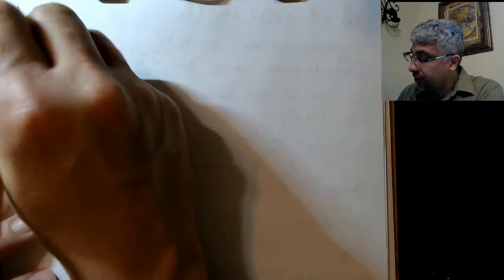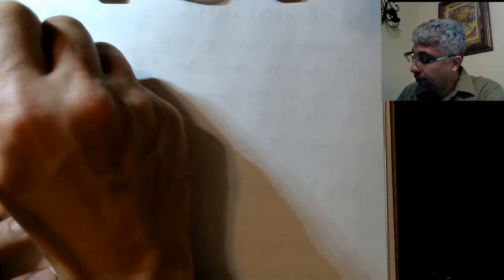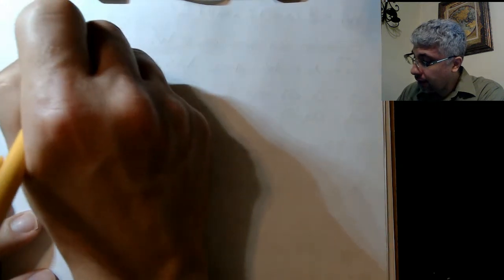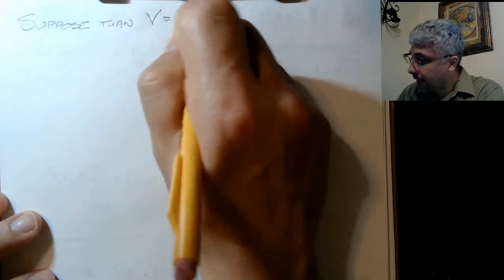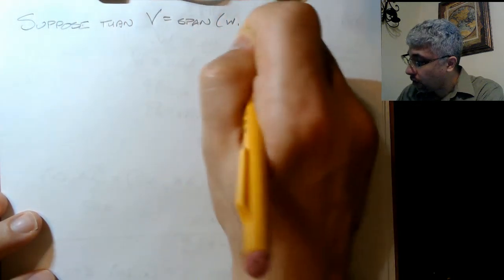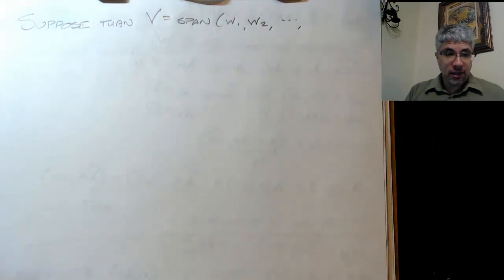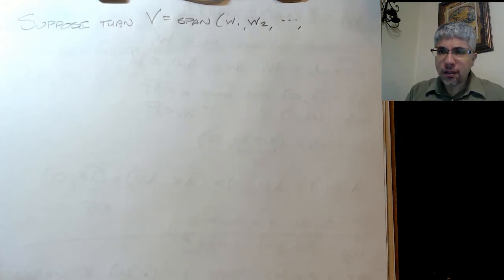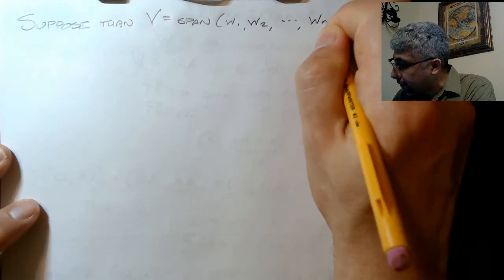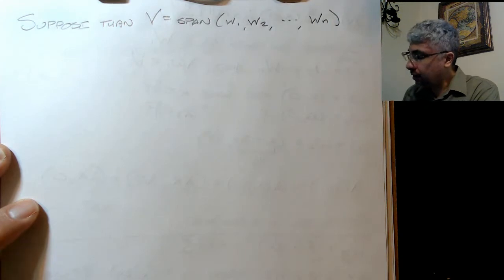So suppose that V is equal to the span of some vectors W1, W2, through Wn.